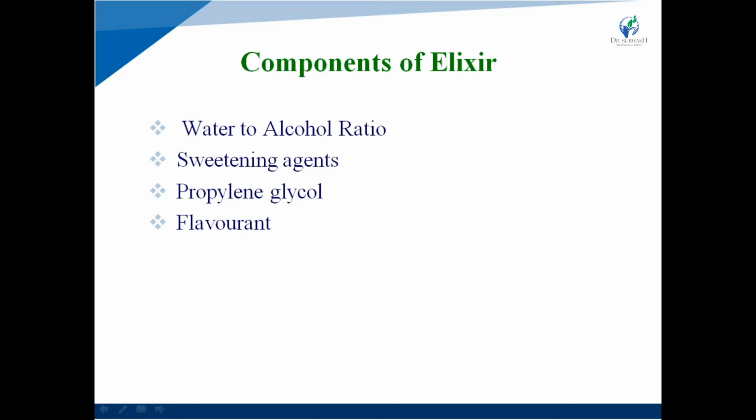Example is salt of benzoic acid, sodium benzoate, etc. Elixirs containing more than 10 to 12% of alcohol are usually self-preserving and do not require the addition of any antimicrobial agent. Last one is flavorant.